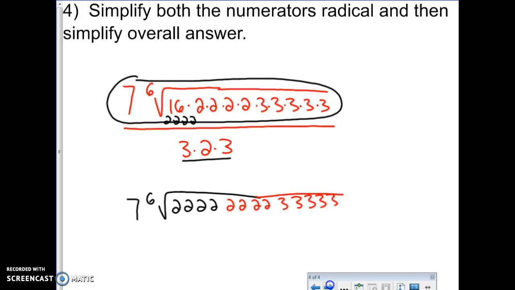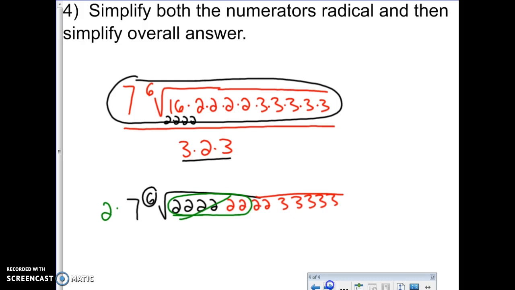In order for me to simplify it, I need 6 of something. So I'm going to look at this. I have 1, 2, 3, 4, 5, 6 2's, so I can take out a 2 and get rid of those. Now, do I have 6 more 2's? No. Do I have 6 more 3's?